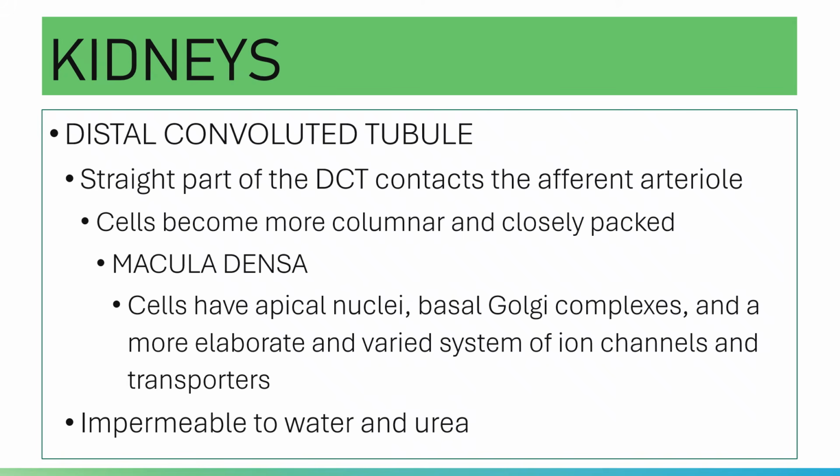In response to your hormone aldosterone, the cells will actively reabsorb most, almost all, of the remaining sodium. And it will passively transport or absorb chloride from the lumen of the tubule into the renal interstitium.